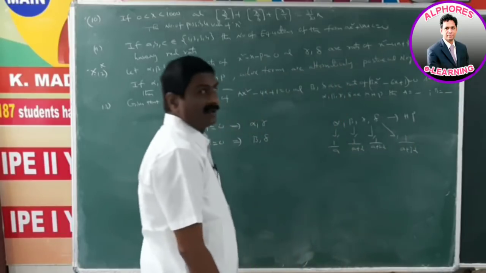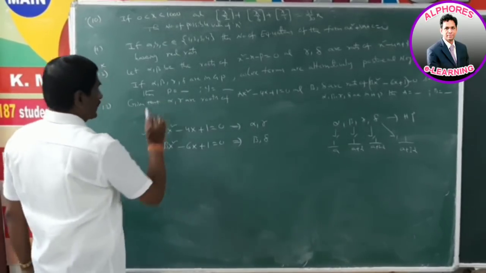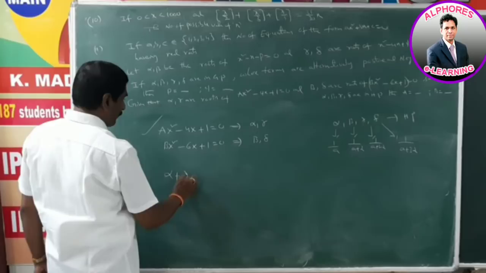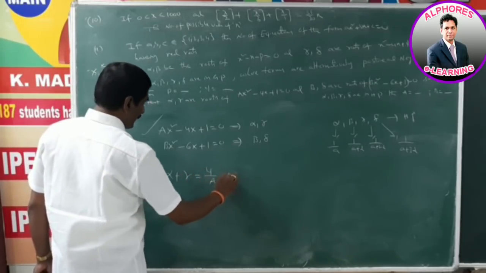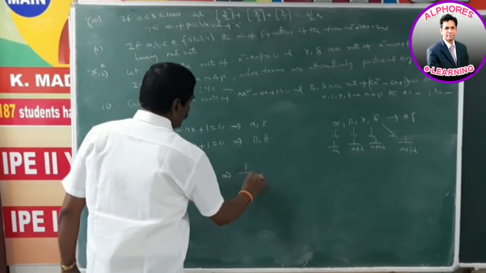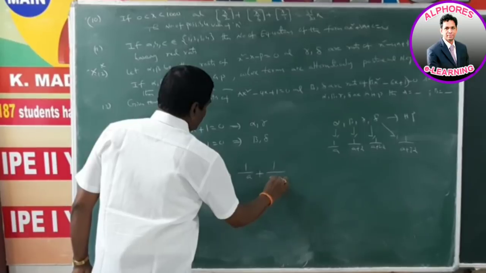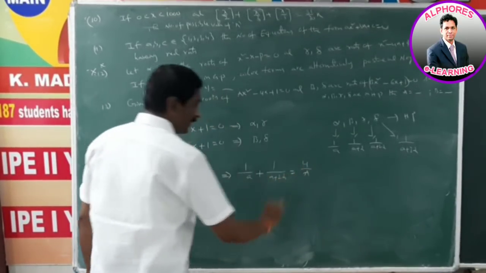These are in HP. From the first equation, alpha plus gamma is the sum of the roots, equal to minus b by a, that means 4 by a. That means alpha, 1 by A, plus gamma, 1 by A plus 2D, is equal to 4 by a.